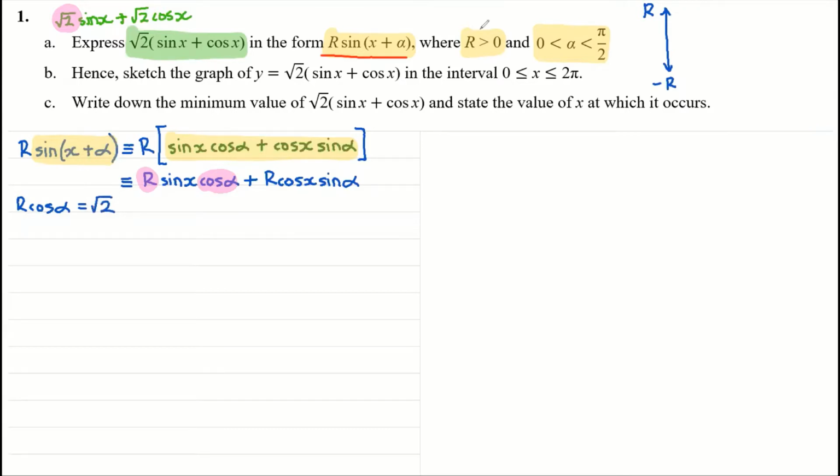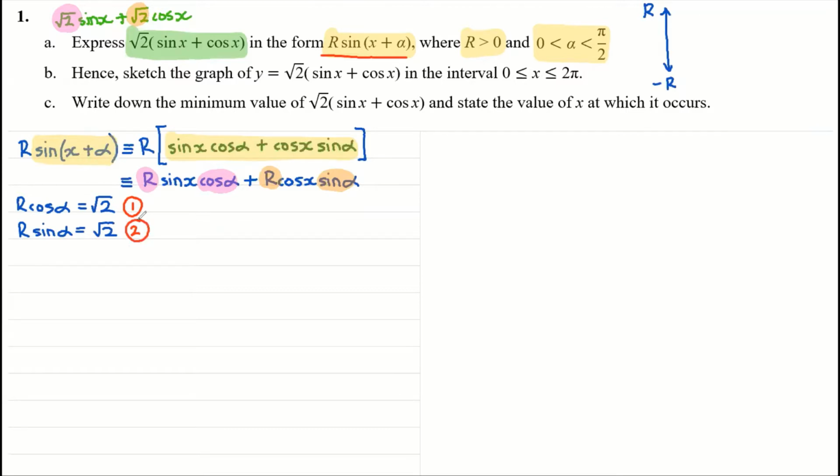Okay, and similarly, if we look at the second term, we've got r and we've got sine alpha, and they must correspond to the coefficient of cosine, which is root 2, and it's positive all the way, so there's no need to worry about that. So we've got r sine alpha is also equal to root 2, and we're going to call this one equation 2.